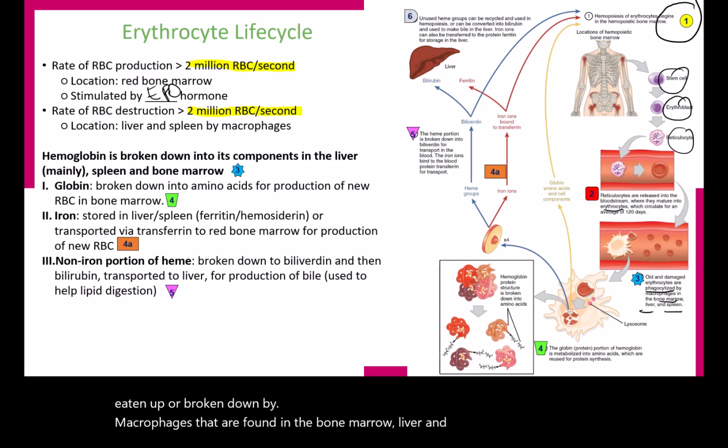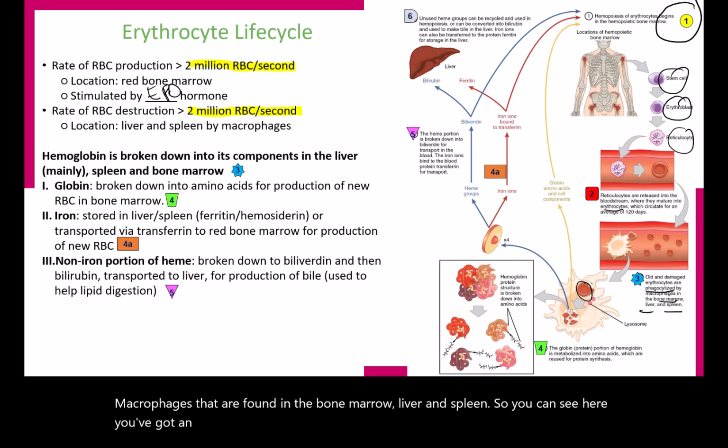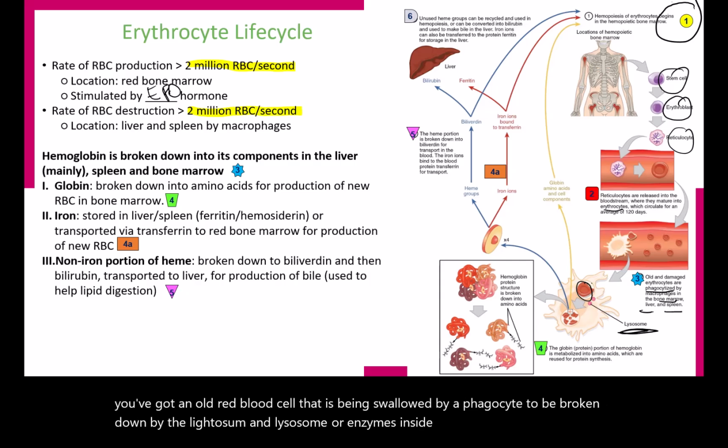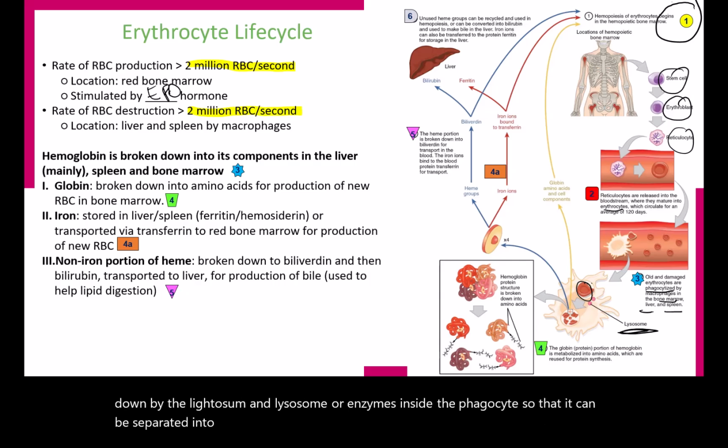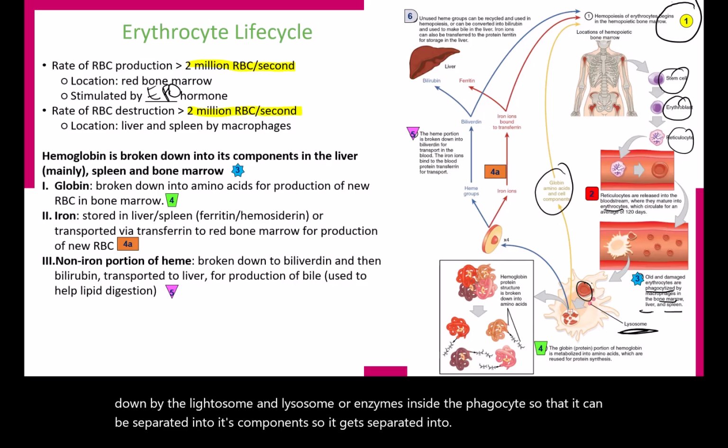So you can see here you've got an old red blood cell that is being swallowed by a phagocyte to be broken down by the lysosomal enzymes inside the phagocyte, so that it can be separated into its components. So it gets separated into globin amino acids and cell components.